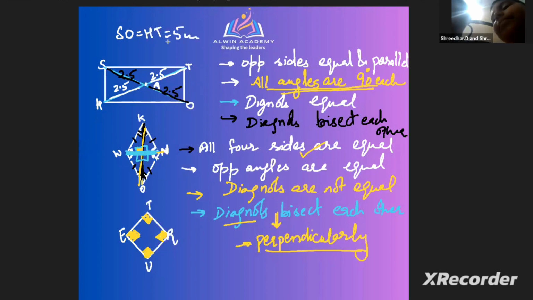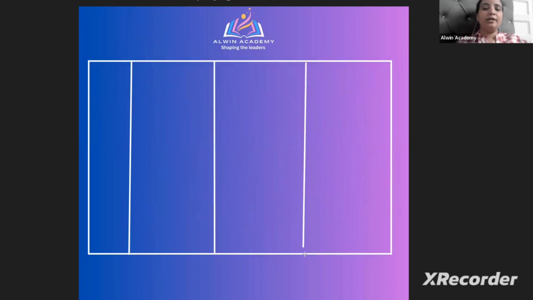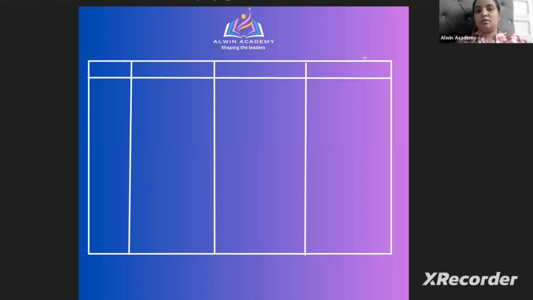Noted. Chalo. Abhi, what I'm doing here is creating a table for you so that you don't forget this later. Making a table for you here. I'll be drawing the figures, and in this I'll check three different properties of diagonals.